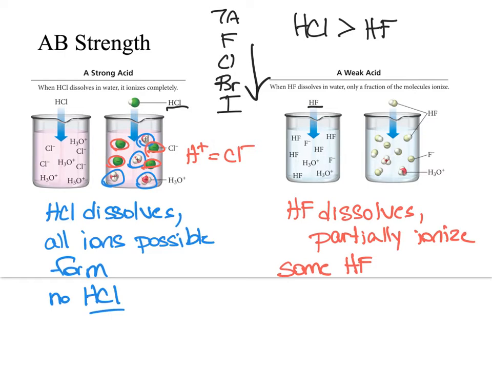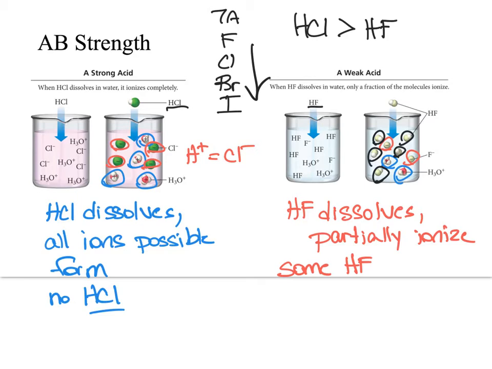And so taking a look at that, on my negative charges, I see 1, 2 fluoride ions and 1, 2 hydronium, and then I still have 1, 2, 3, 4, 5 hydrogen fluoride.